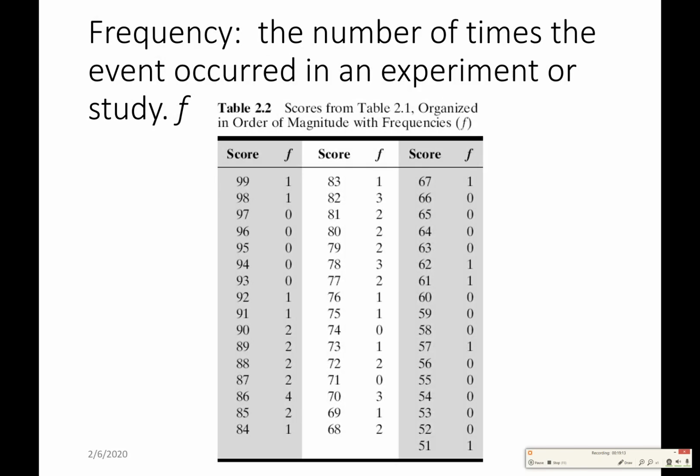In this case, you put 1 for 98 one time, 97 none, 96 zero, 95 zero, et cetera. So you sort them, and then you identify how many times each score showed up in the data. The frequency comes in handy by using that column.